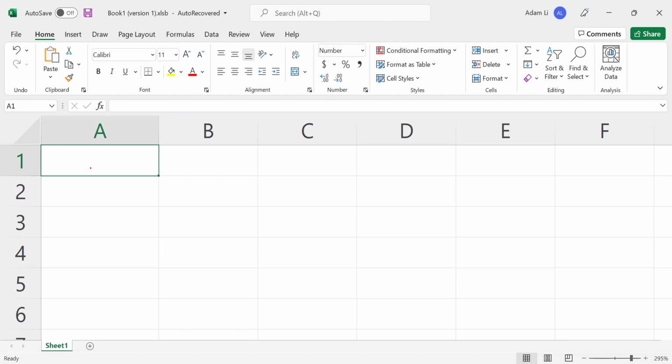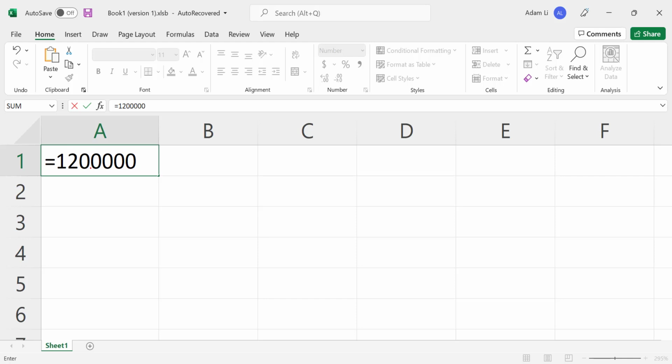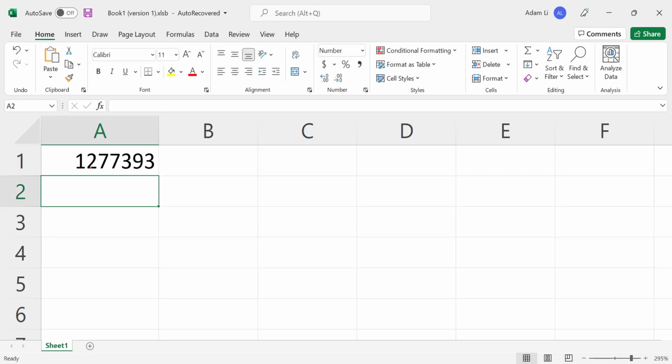So you're gonna put in the equal sign first, 1,200,000 multiplied by EXP, which represents e to a certain power, 1.25% multiplied by 5. Okay. And that will give us the number, and that gives us 1,277,393.